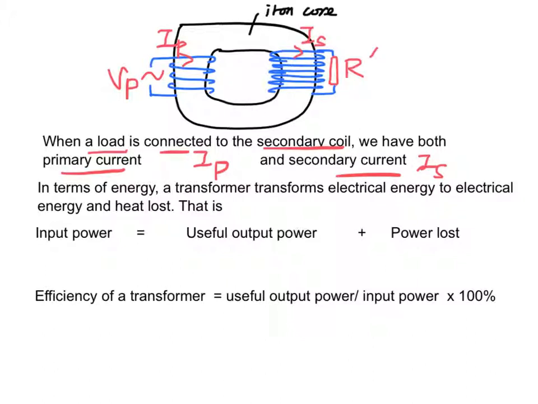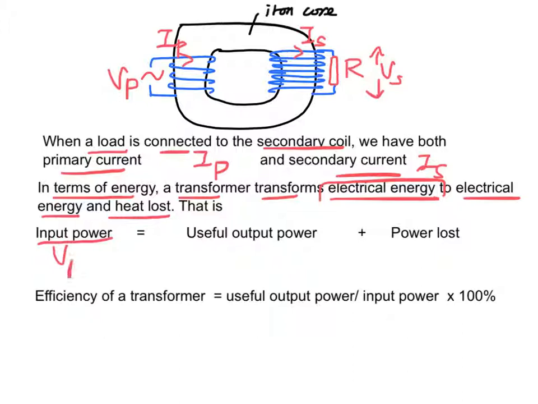Also, the secondary voltage Vs. In terms of energy, a transformer transforms electrical energy to electrical energy and heat loss. That is, for power, the input power is VpIp, equal to the useful output power VsIs plus the power loss as heat.